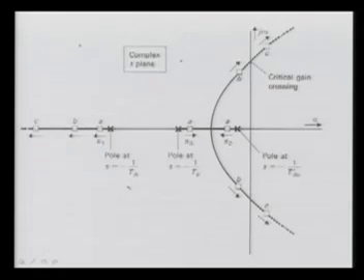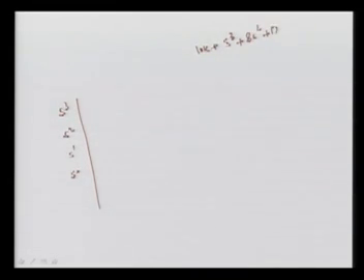In that criteria, we simply form the s cube, s square, s and s naught rows. To obtain the value of K, we write the equation that we obtained, that is s cube plus 8s square plus 17s plus 10K, if you remember, equal to 0.